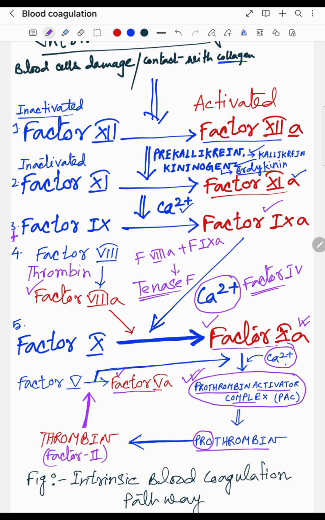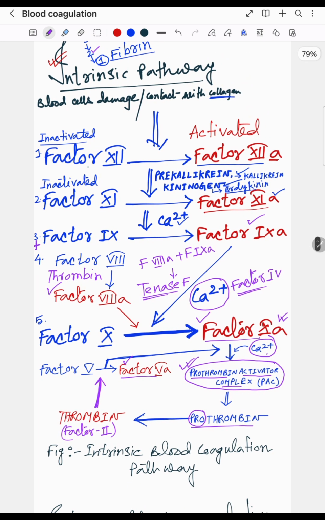Okay, so I repeat, firstly factor 12 to 12A, it needs to contact with collagen. Okay, then factor 11, it needs the help of factor 12A. Prekallikrein and kininogen, they are a type of protein molecule and they help in the production of bradykinin.